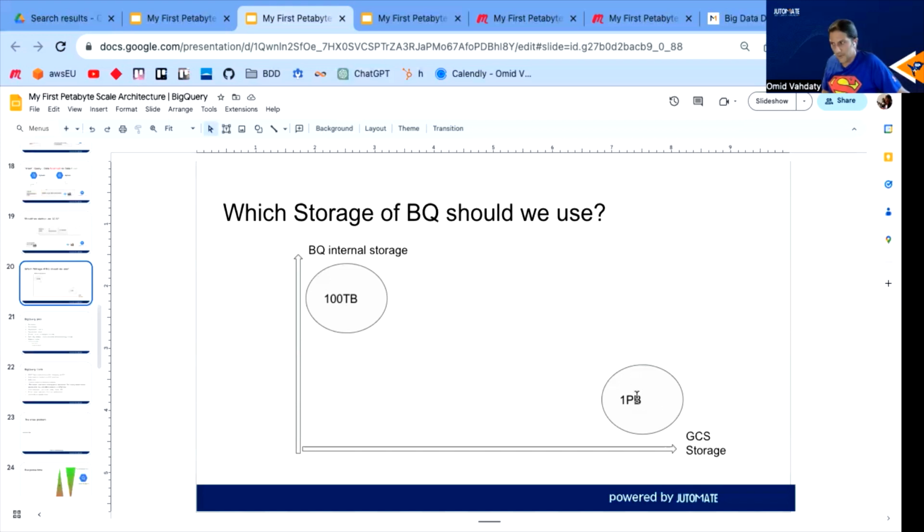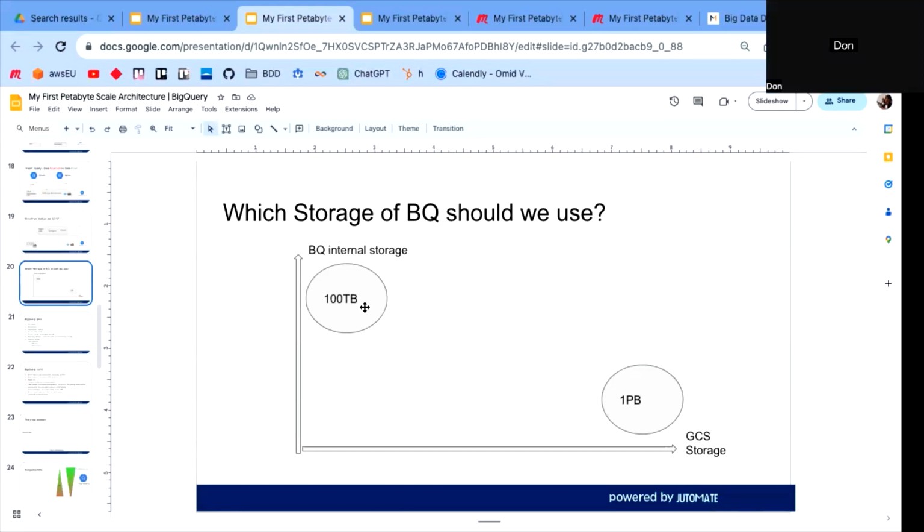In theory, you can put everything in GCS and query it in BigQuery, but there will be some penalty in terms of execution, because there are some optimizations when you insert data to BigQuery on the metadata and some data skipping. So there are some performance benefits.